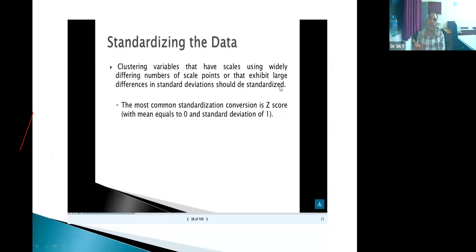That is why we make them unit free. The most common standardization conversion is the Z-score, that is the standard normal score, with mean equal to 0 and standard deviation equal to 1. That standardization is done for all the variables under consideration.